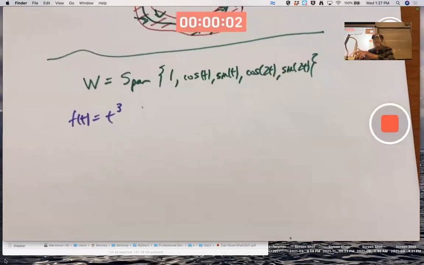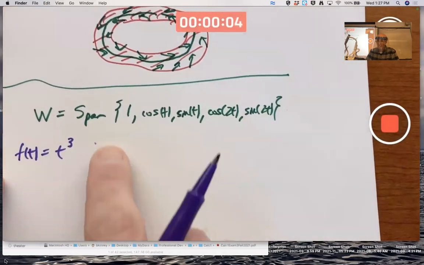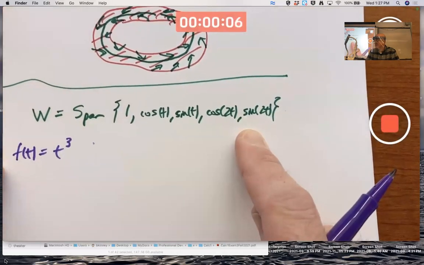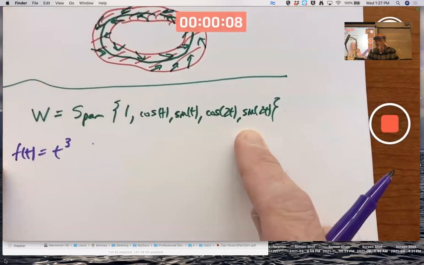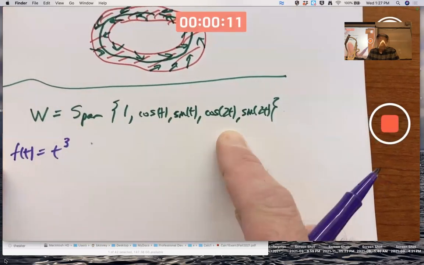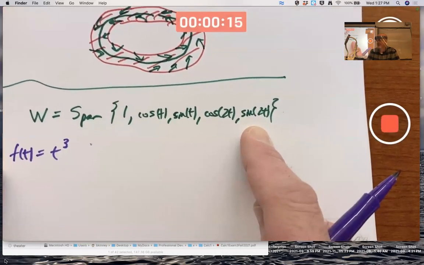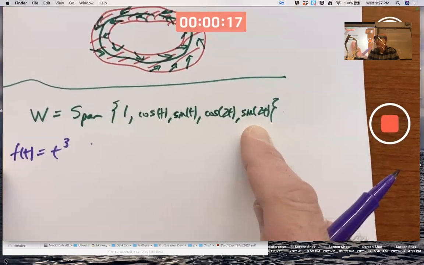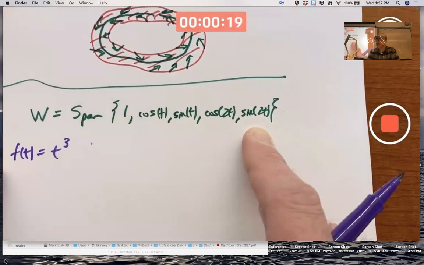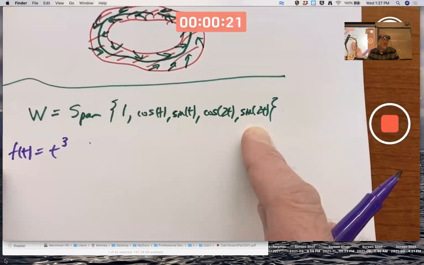I'm wondering what function in W. This is a 5-dimensional vector space because it's got 5 functions that do turn out to be linearly independent, though that would take proof. This would be a basis. In fact, an orthogonal basis for W. All that would take proof.